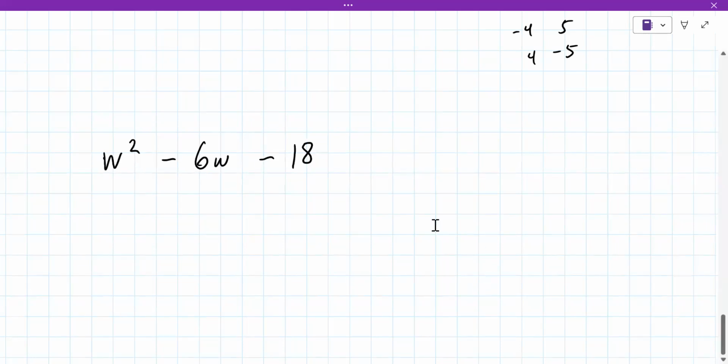Nope, sorry, that's not going to work. Sorry, let's go to minus 27. So two numbers that multiply to minus 27, but add to -6.